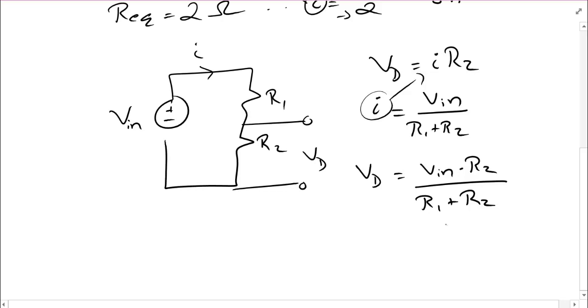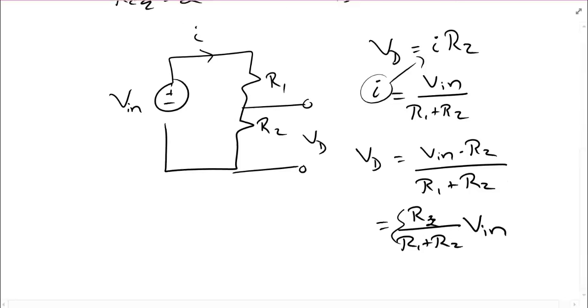Normally the way we write this instead is to put Vin at the end. So, that should be a 2. Depending on the values of R2 and R1, we get different fractions.